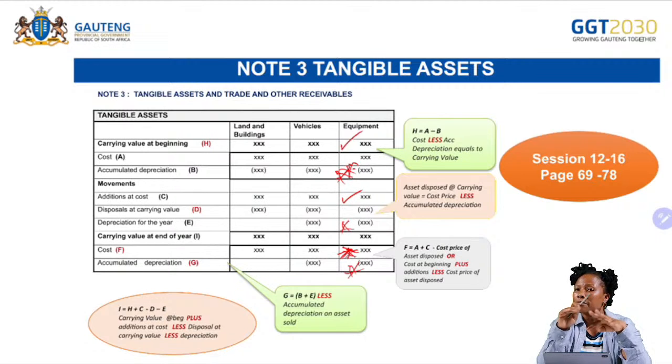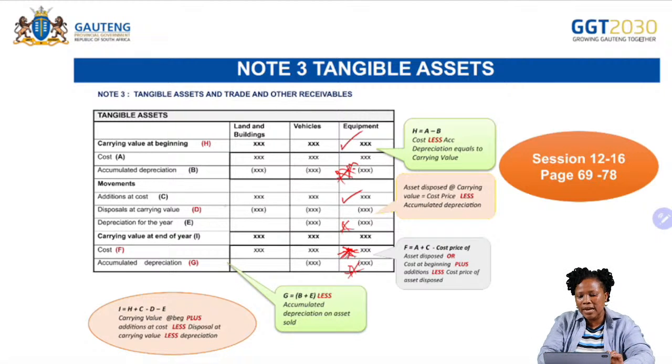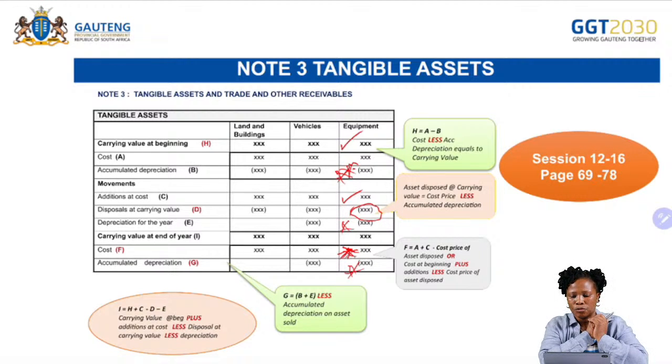You will only remove that part. Because if you think logically, the cost has already been dealt with up there in your cost, and your accumulated depreciation has also been dealt with. So what you do in this case, you just take the cost price, and then you subtract the accumulated depreciation, and then you bring the amount here as your disposal at the carrying value.